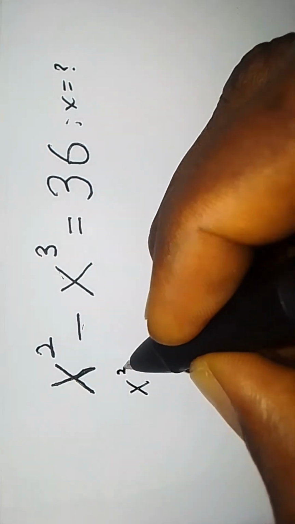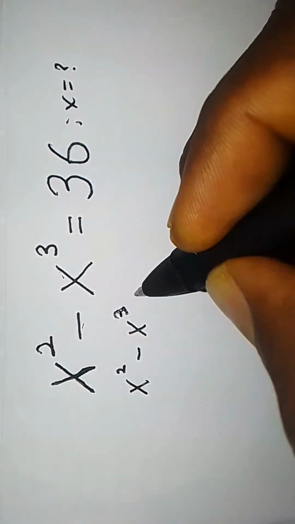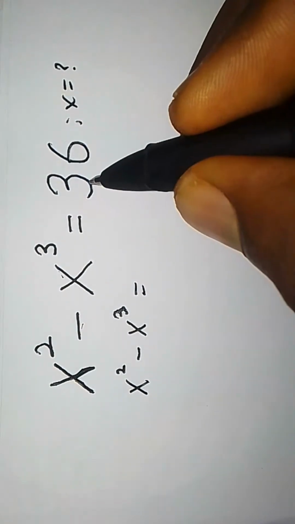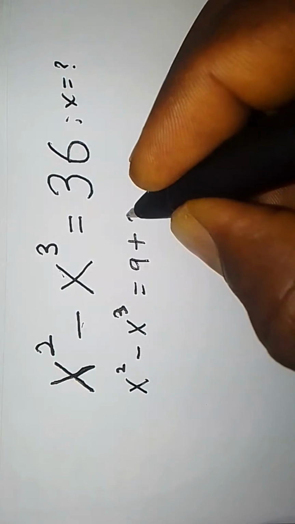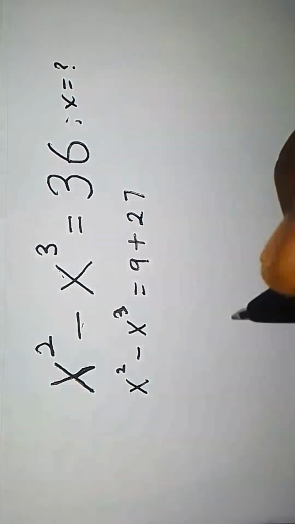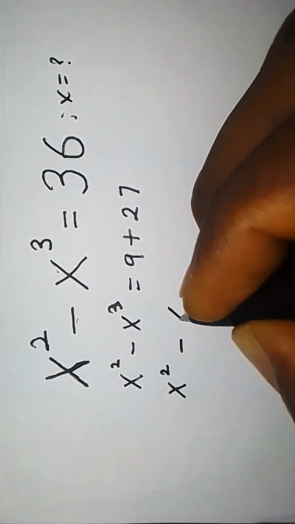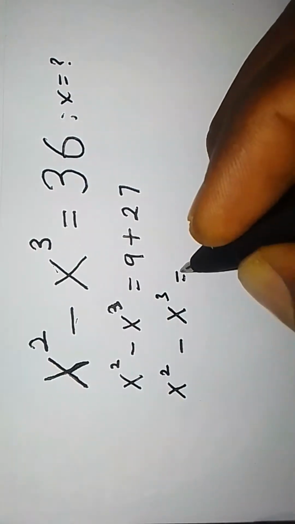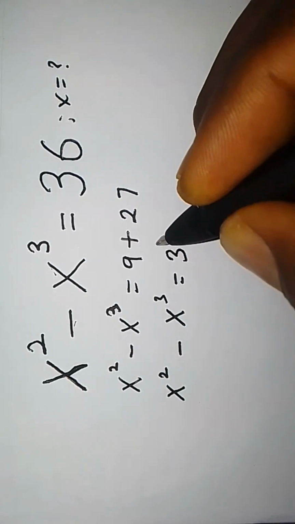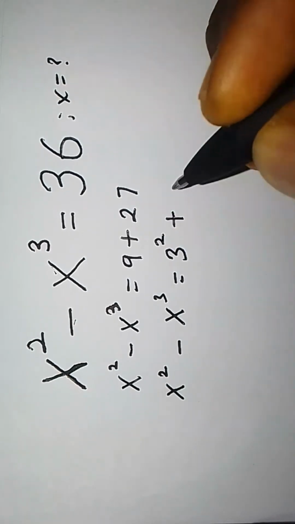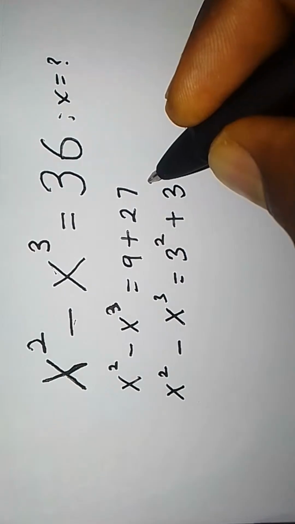x to the power of 2 minus x to the power of 3 is equal to 36, which could be written as 9 plus 27. So I can rewrite 9 as 3 to the power of 2, plus, I can also rewrite 27 as 3 to the power of 3.